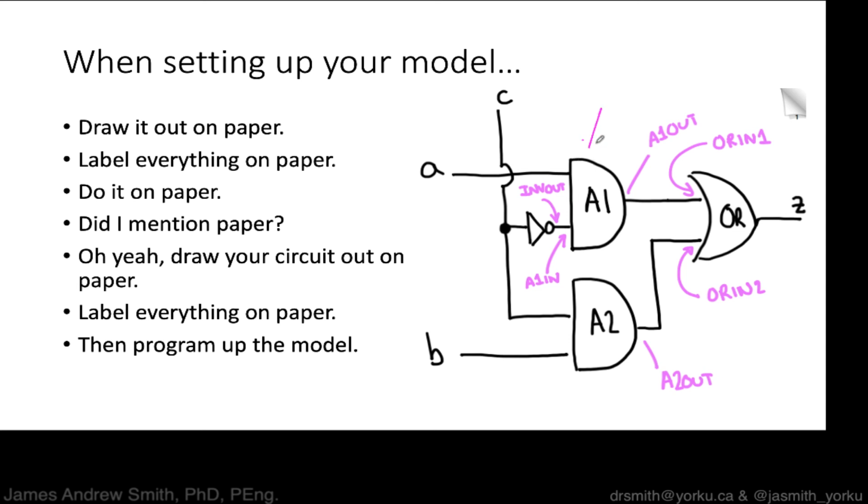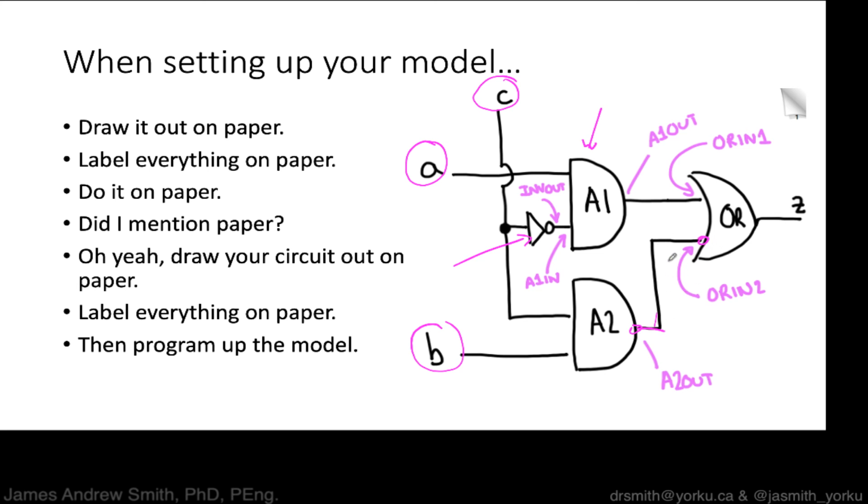Draw out this AND right here. Draw out the inversion, okay? Show where the inputs are. Label what these individual inputs are, and then write in what the wires are going to be called as well.